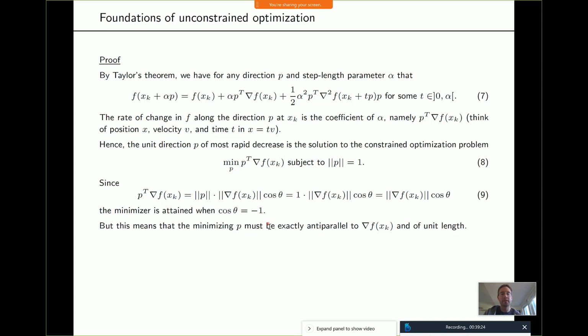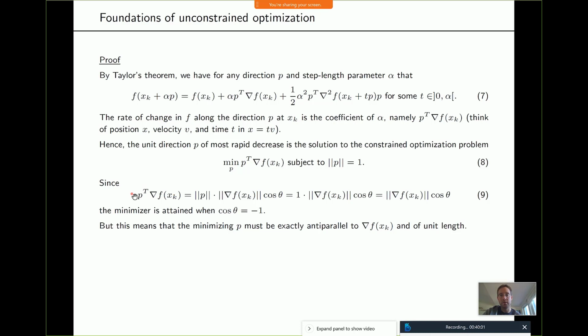But this means, if you think about it, if you have orthogonal vectors, the cosine of this is 0. So if your cosine is -1, then p must be exactly anti-parallel to the gradient and of unit length.